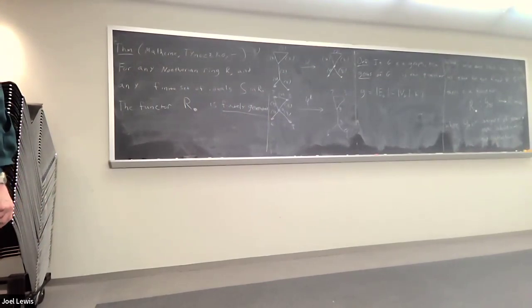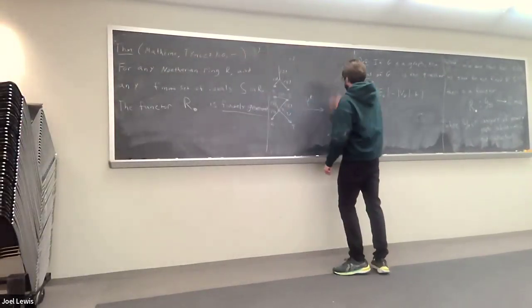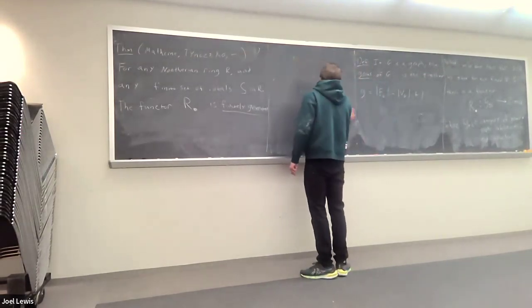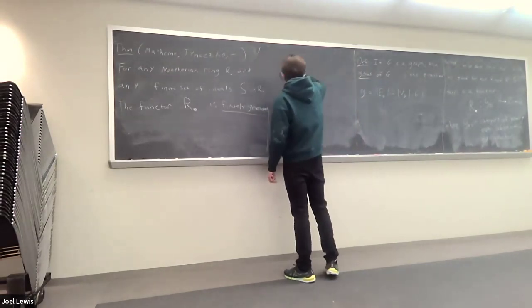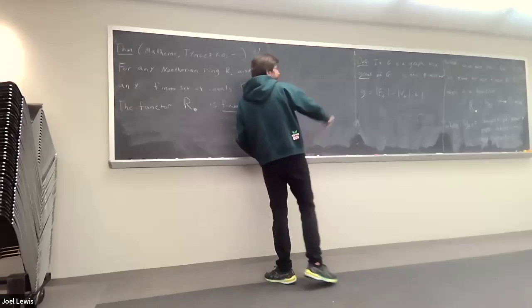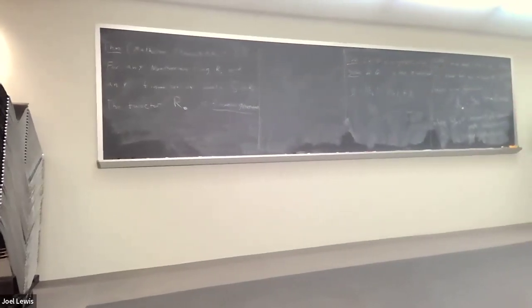What does that mean? All right. It turns out that just as modules can be finitely generated, you can talk about finite generation for functors so long as you're mapping into an abelian category, which we are doing here.